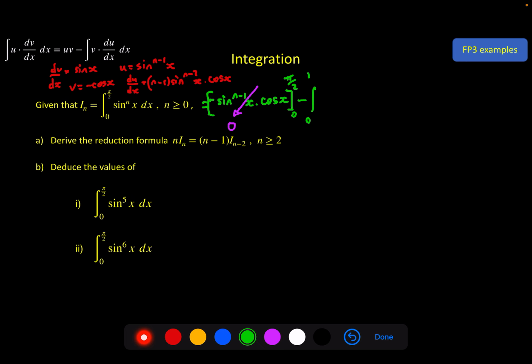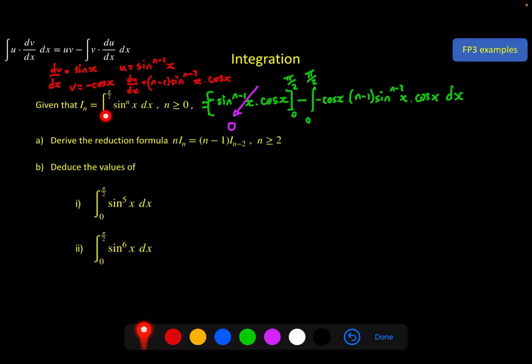Minus the integral from 0 to pi by 2 of v times du by dx. So we've got minus cosine x times n minus 1 sine to the power of n minus 2 of x times cosine x dx. And we have this same problem that we had before. This does not match this form.